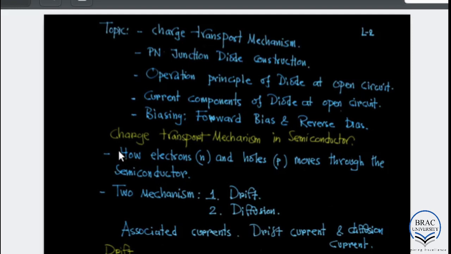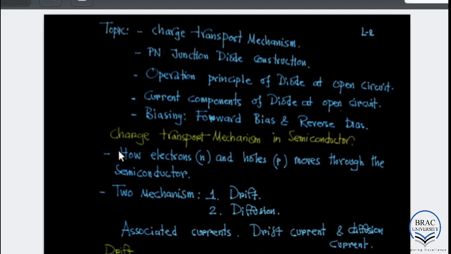So in the last unit we learned about the limitation of the intrinsic semiconductor. We found out that intrinsic semiconductor is a poor conductor. So in order to build any meaningful electronics device, we need to increase the conductivity, and we found out that in order to increase the conductivity, either we have to increase the number of electrons or increase the number of holes.